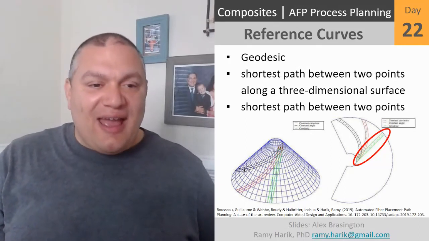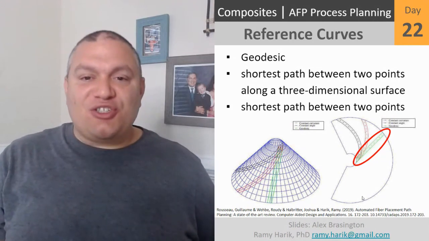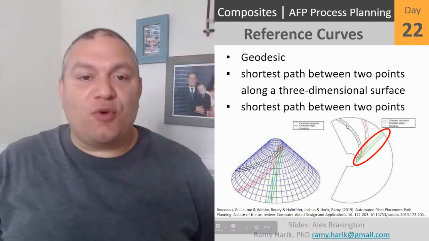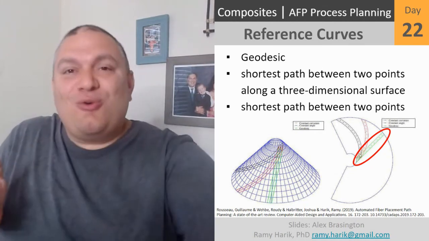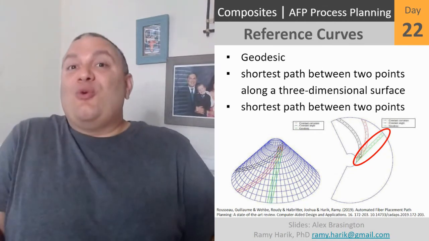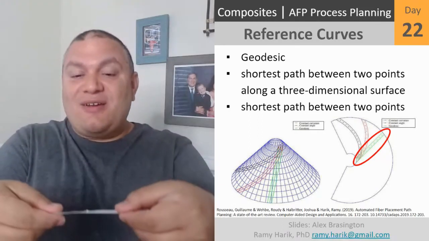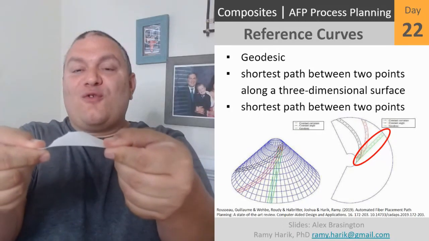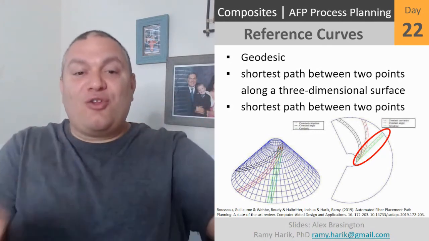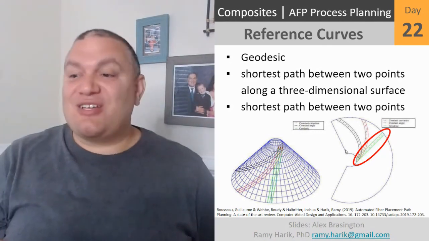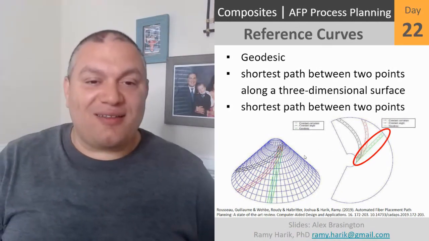As you can see in here, this is the projection, just like you're looking at the top view, you can see that you're forcing the tow to do steering. What do we know about steering? We talked about it several times. The moment you start forcing steering, you're going to have a lift of the tow, so you're going to have issues such as wrinkles and whatnot.